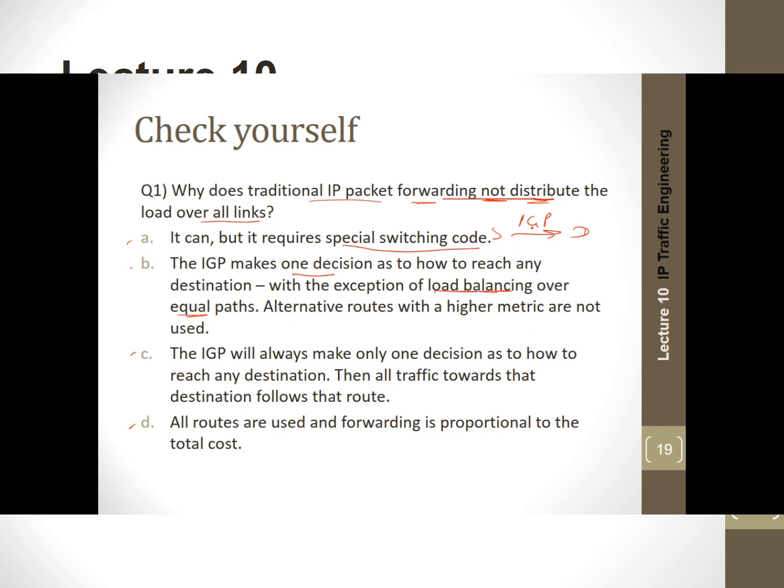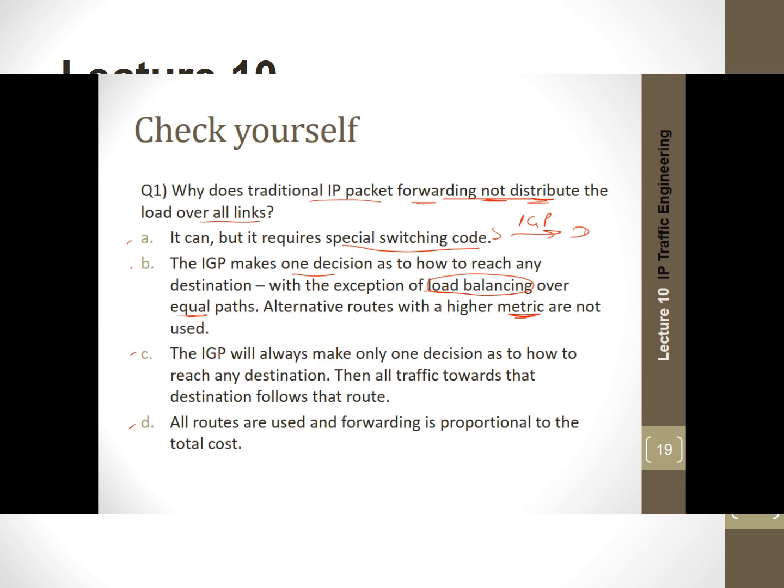IGP definitely follows its own metric, and one of the metrics, as I said earlier, is least cost, fewer hops. So why would it use them in order to balance the load? IGP will not care about load balancing. This is point number 2, on why traditional IP packet forwarding does not distribute the load over all links.